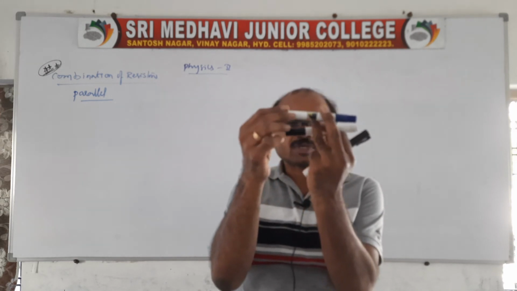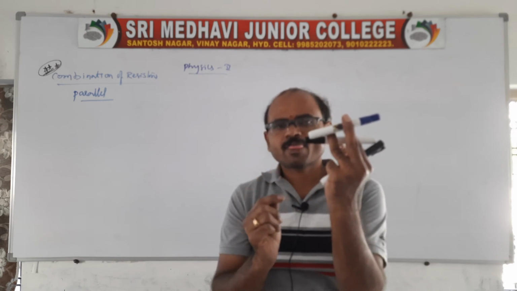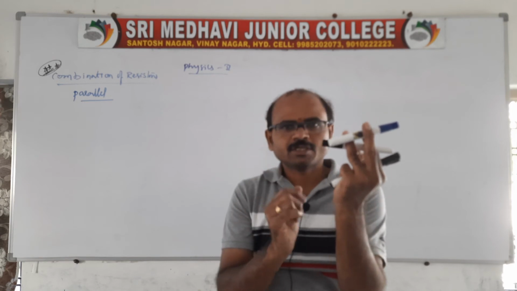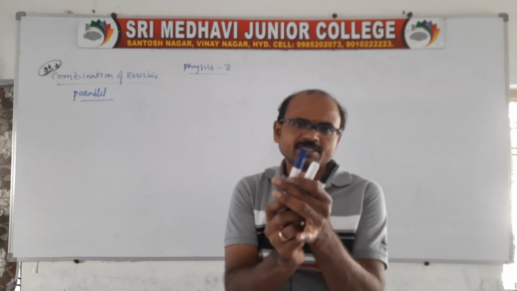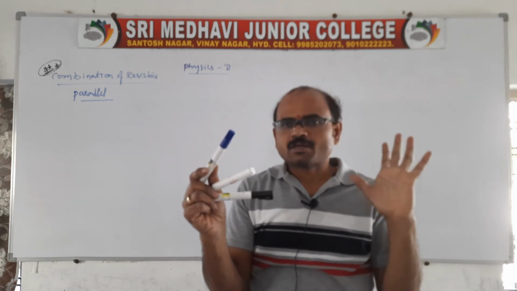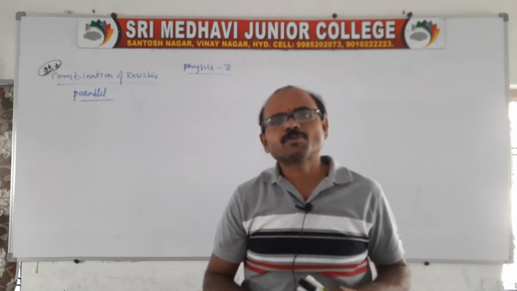The first terminal of resistor 1, the first terminal of the second resistor, the first terminal of the third resistor, all are to be connected at one point. The second terminals are connected to the other point. These 2 points are connected to the opposite terminals of a battery.